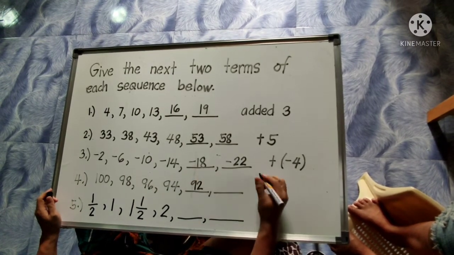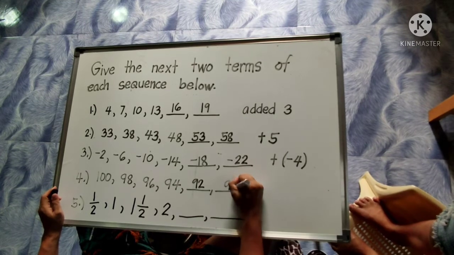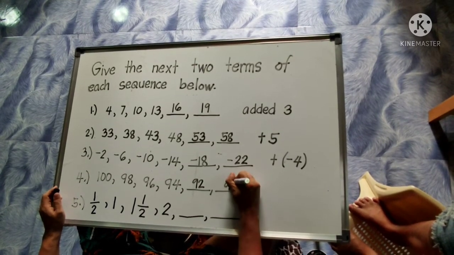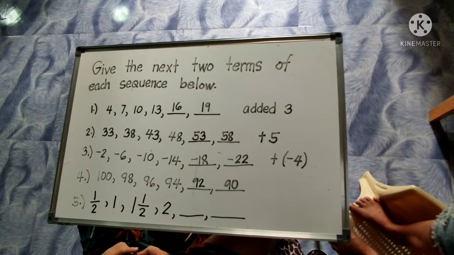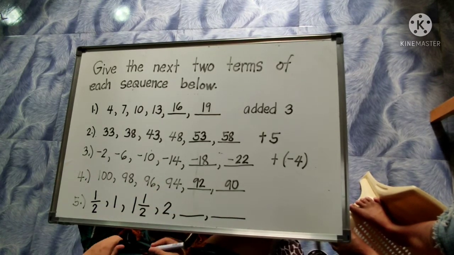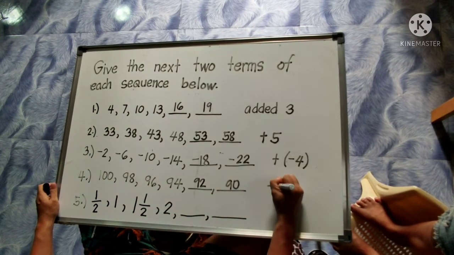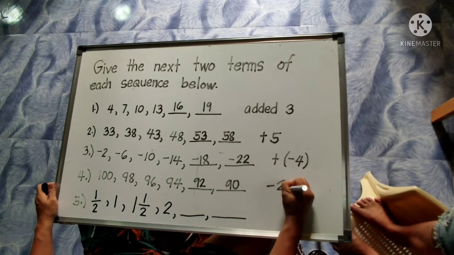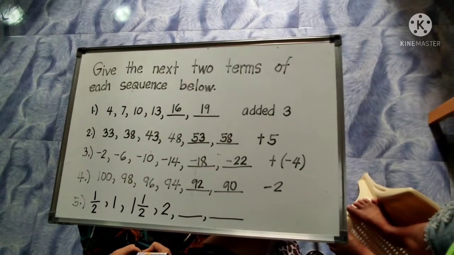And 92 minus 2 is 90. So what did we do in number 4? We simply subtracted 2.